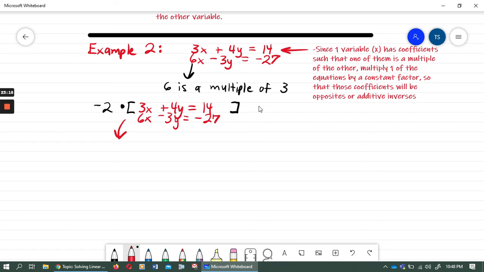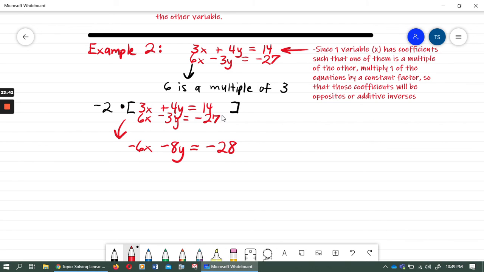So we need to multiply the -2 times 3x. That winds up being -6x. We need to multiply the -2 times the 4y. That winds up being -8y. And we need to multiply the -2 times 14. That winds up being -28.